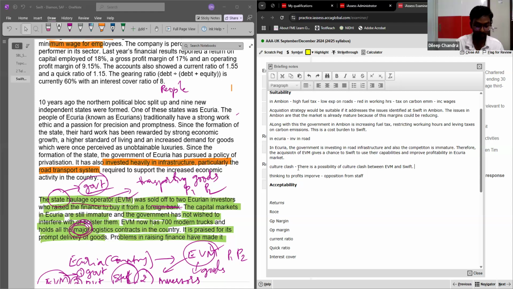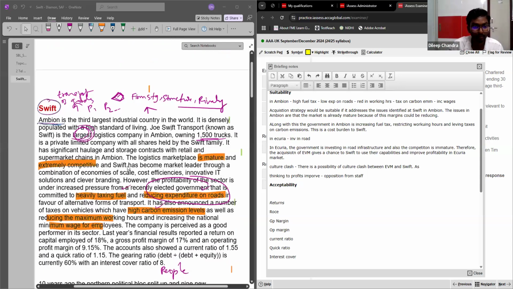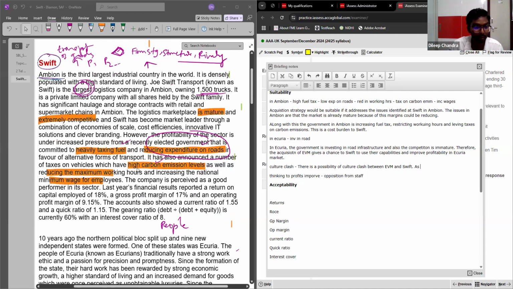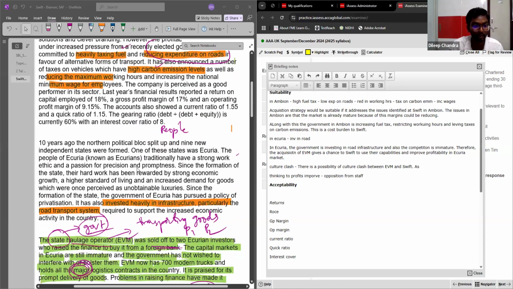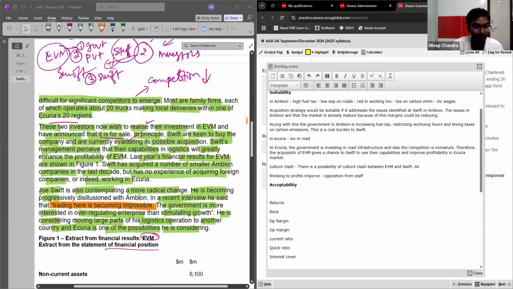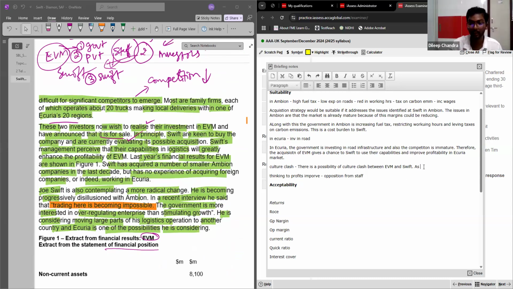Why? Because does SWIFT have previous experience in working in a foreign country? Please help me out, guys. Does SWIFT have previous experiences in working in a foreign country? No, sir. No, right? So I'll use that here.